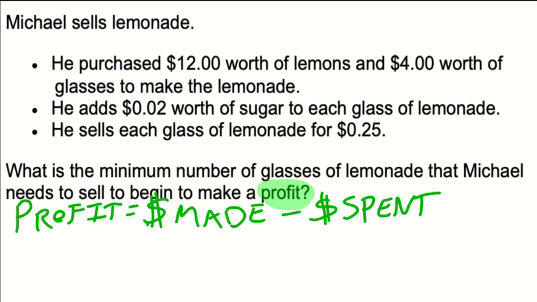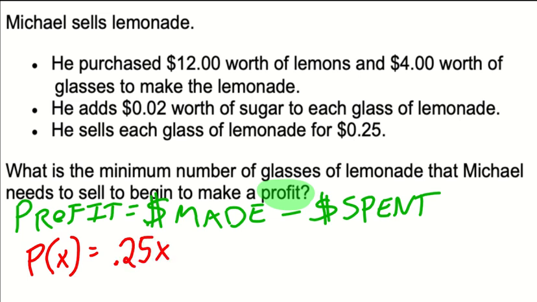All right, so a little more complicated here. The amount of money he's making is 25 cents every time he sells a glass of lemonade, right? So his profit based on X glasses, if we want to write it like a function, is going to be 0.25X.